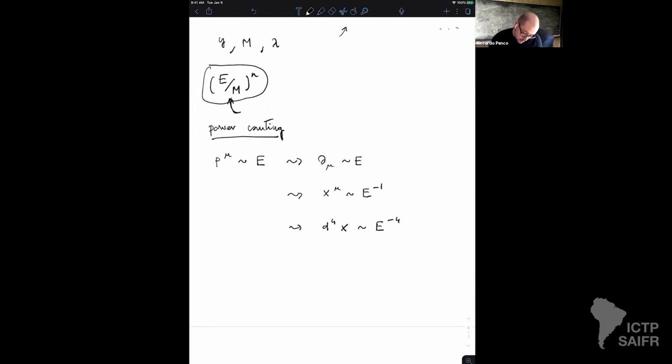Now, it makes sense to assume that if all the terms in the Lagrangian are to be associated with one particular power of E over m, the kinetic energy, which is what really defines the dynamics of each field, is a factor of order 1.